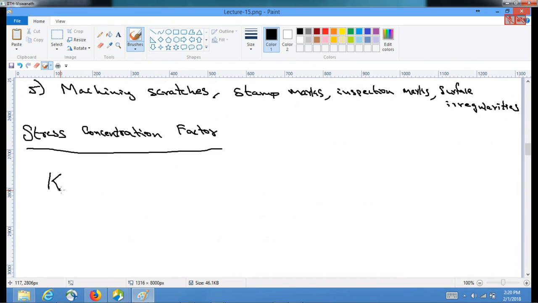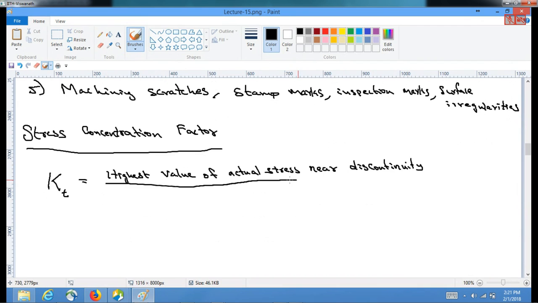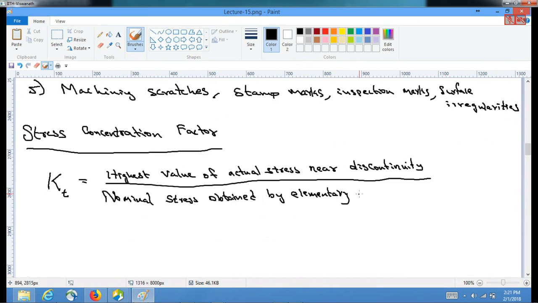Which is defined as capital K T, defined as the highest value of actual stress near the discontinuity divided by nominal stress obtained by elementary equations for minimum cross section.